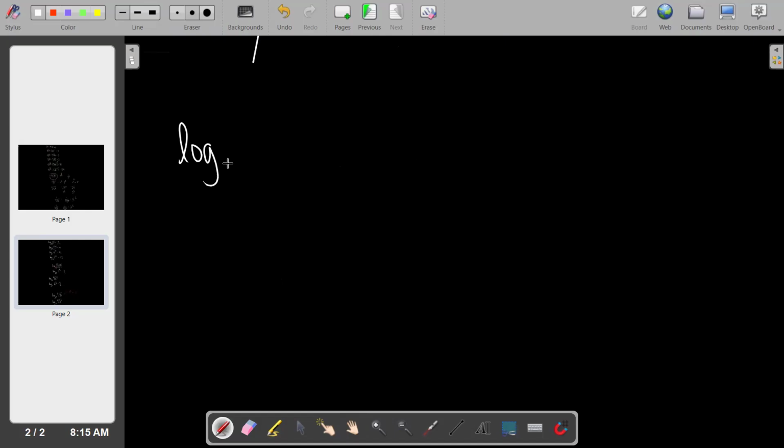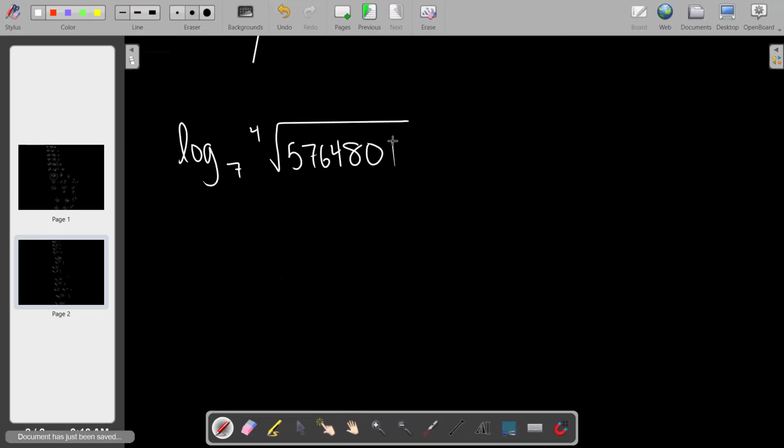Log base 7 of the fourth root of 5,764,801. We get our power table out, and like eagle hawk eyes, we go right to the column of sevens. Do you see a power of 7 that equals that? 7 to the 8th power.